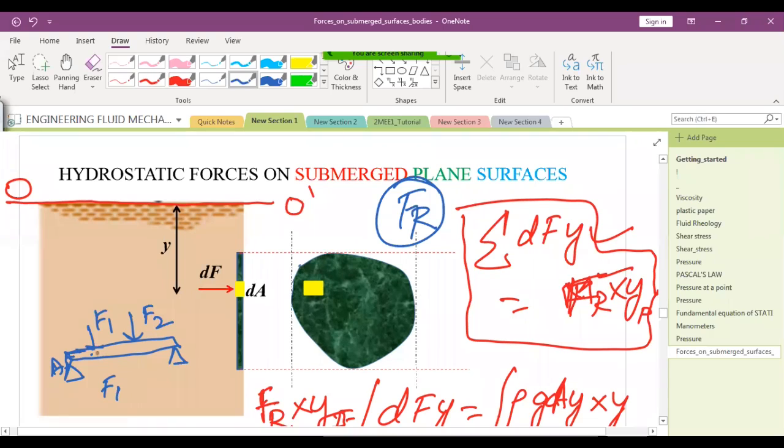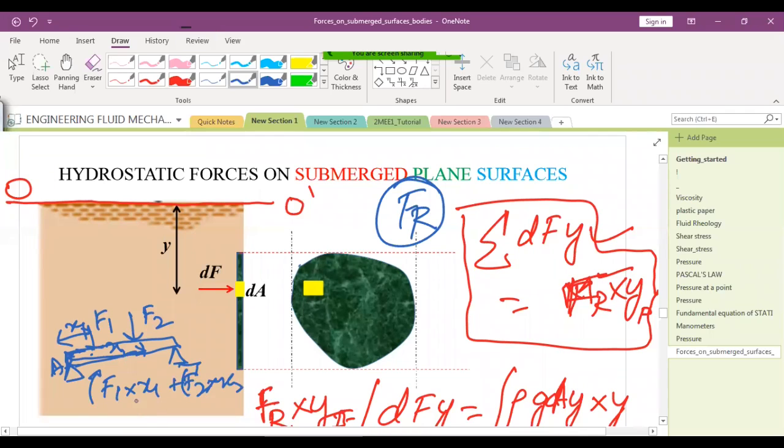F1 into perpendicular distance from here. तो ये मान लीजिए x1 है और ये x2. तो F1 into x1 direction clockwise, plus F2 into x2 direction clockwise.